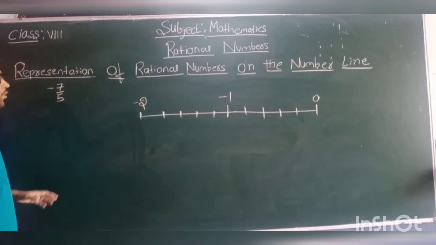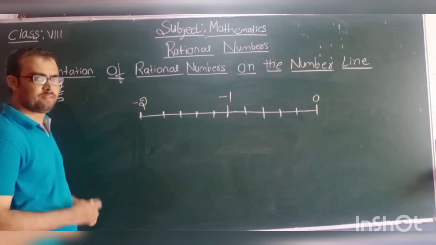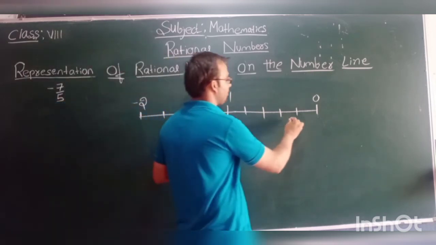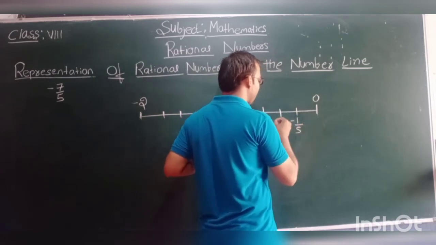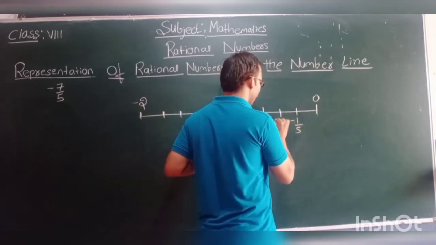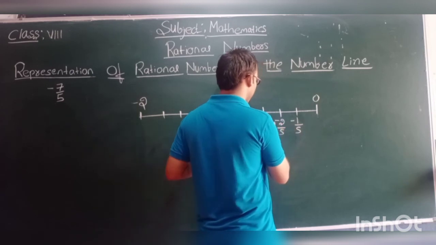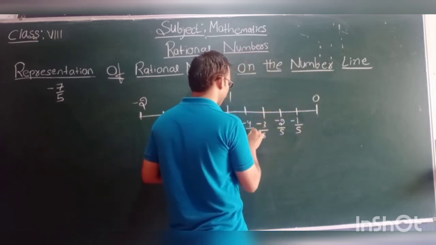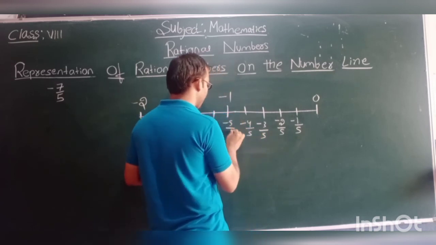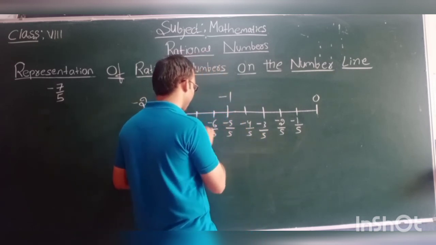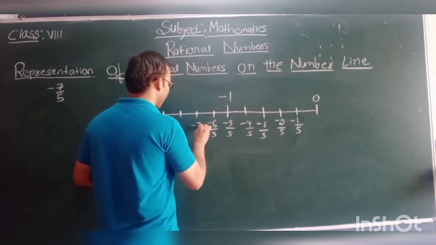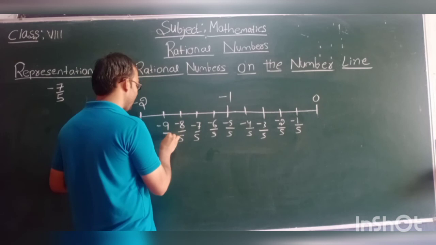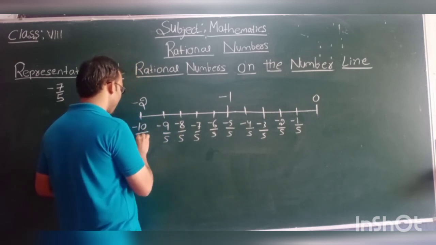Now what do you need to represent? Minus 7 by 5. So here now this part can be represented by minus 1 by 5. This part can be represented as minus 2 by 5, minus 3 by 5, minus 4 by 5, minus 5 by 5, minus 6 by 5, minus 7 by 5, minus 8 by 5, minus 9 by 5 and minus 10 by 5.